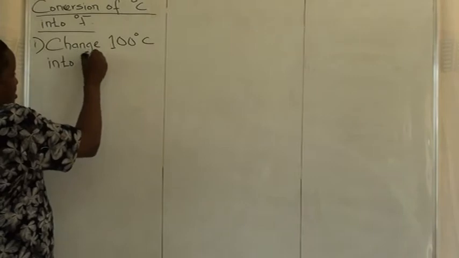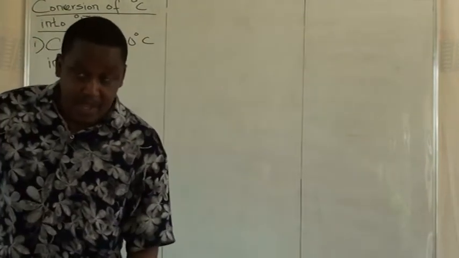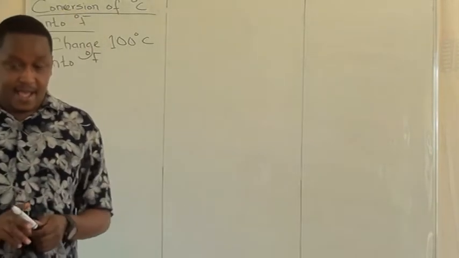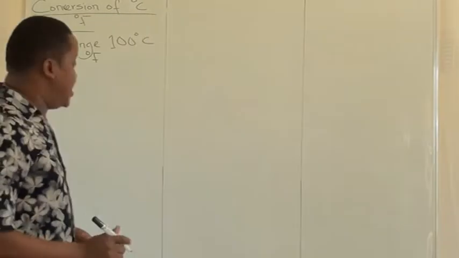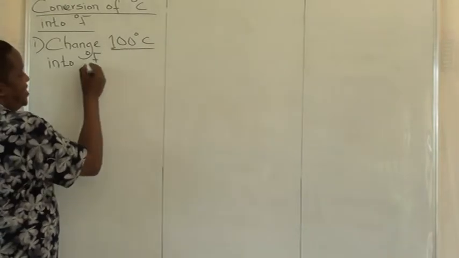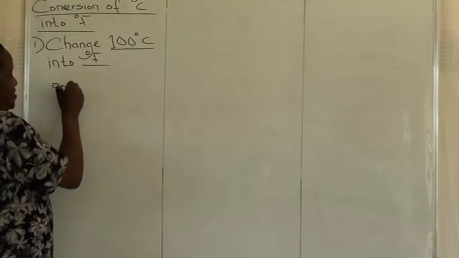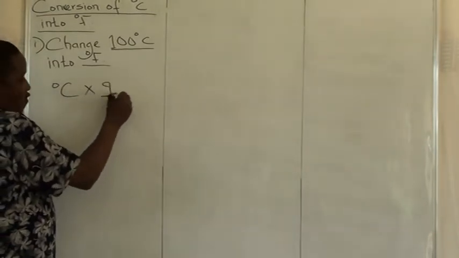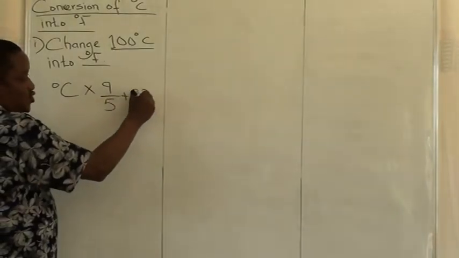Now the first thing you're supposed to remember when you're converting degrees centigrade into degrees Fahrenheit is the formula. So the formula of converting degrees centigrade into Fahrenheit is you take your centigrade, you multiply by 9 over 5, and then you add 32.